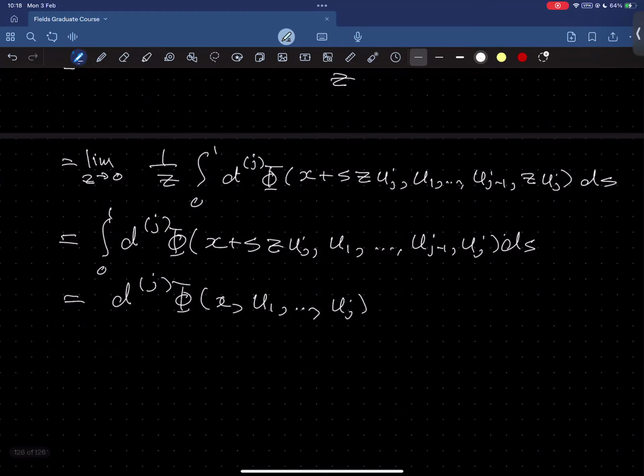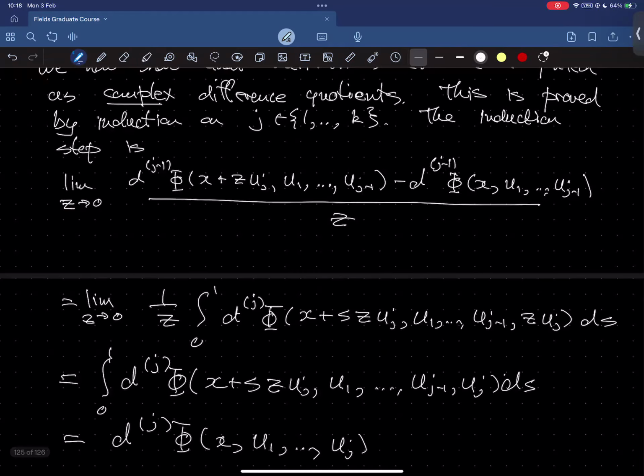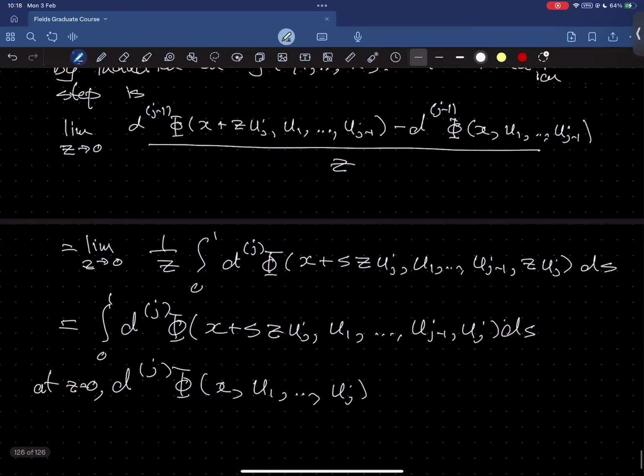Sorry, I always do this, and I don't mean that this is equal to that. At z equals 0, it's equal to that.